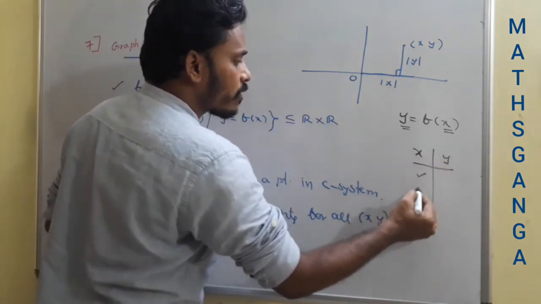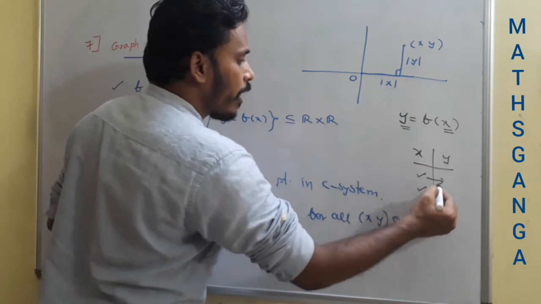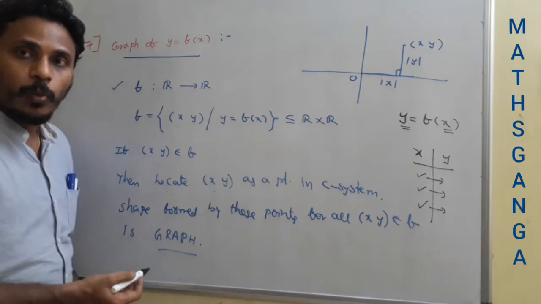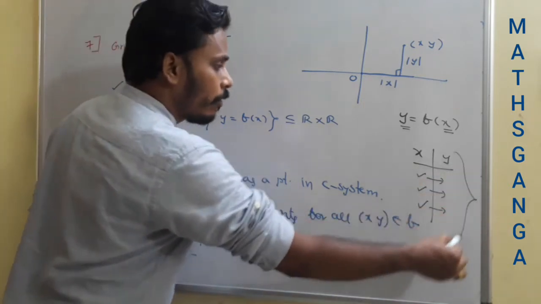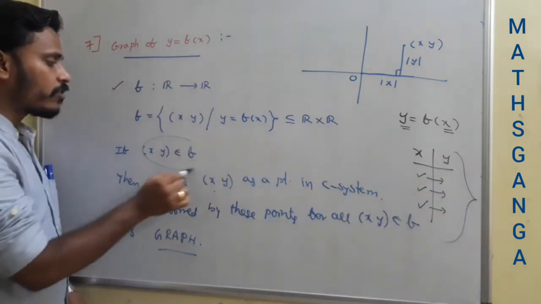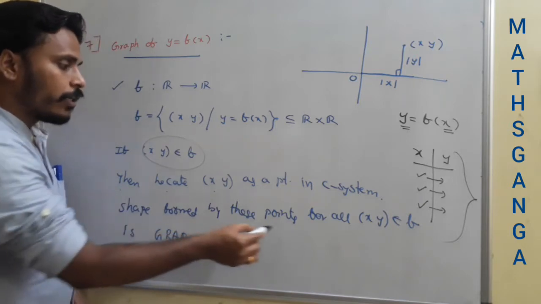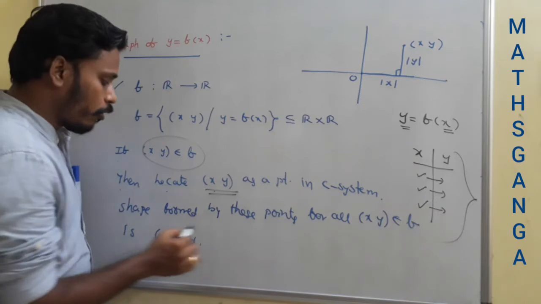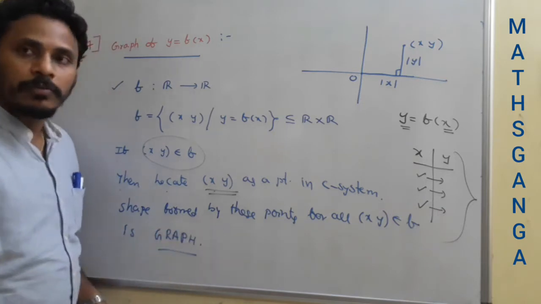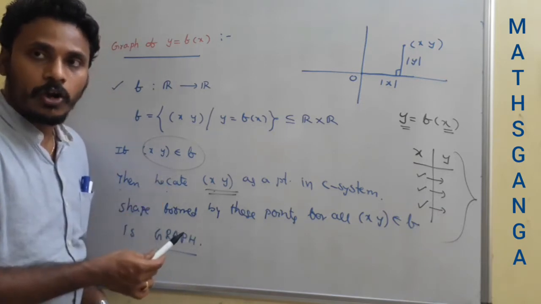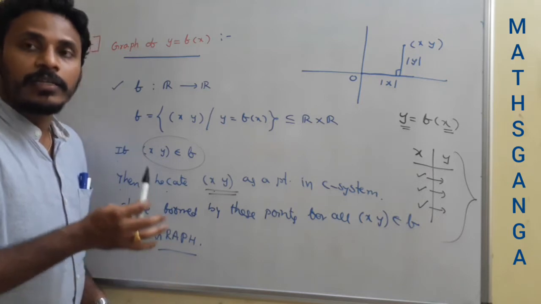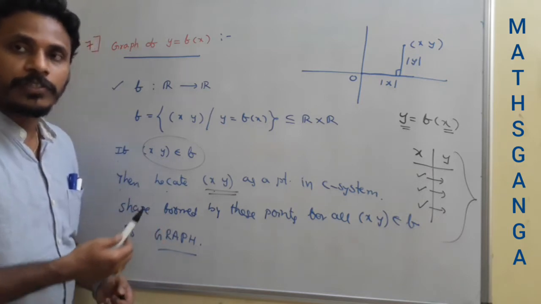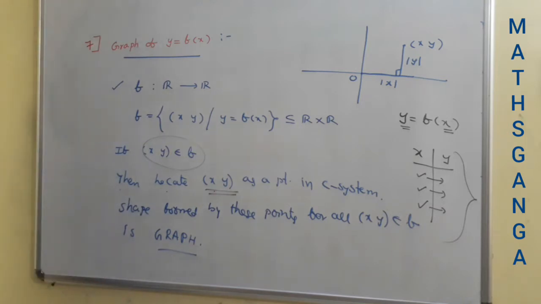You take some values in the place of x, and for each value you calculate the functional value, say y. By making this table, we can easily locate these ordered pairs, locate all those points in the coordinate plane, and if you join all those points, it forms the graph of that particular function. Okay, I think it is clear, right? Just have a look. I will give you the graphs for some standard functions in the next point.